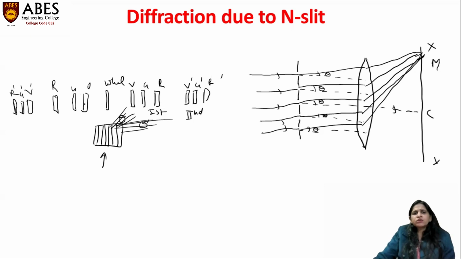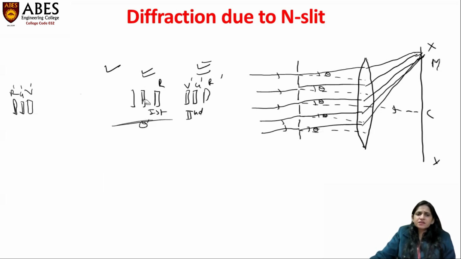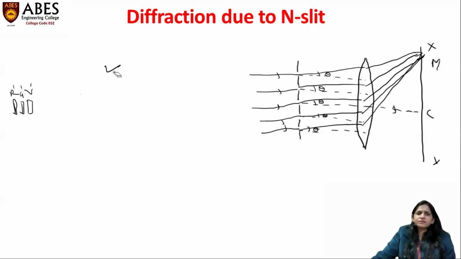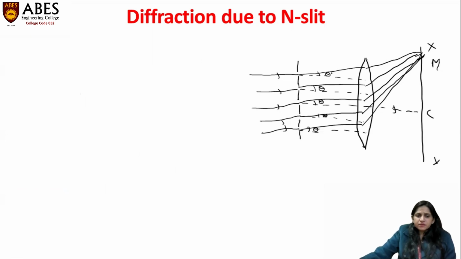So we are going to find out the positions of the central maxima, first order maxima, second order maxima, theoretically with the help of this diagram. Every slit over here is acting as a single slit. So what will be the resultant amplitude from every slit?